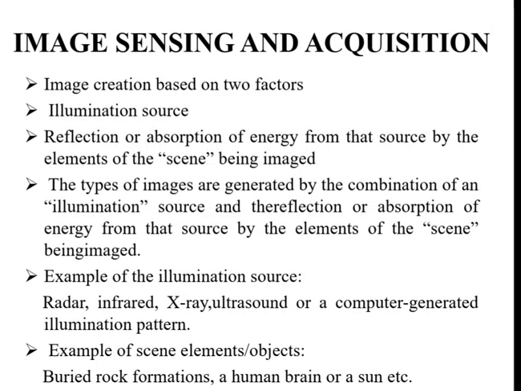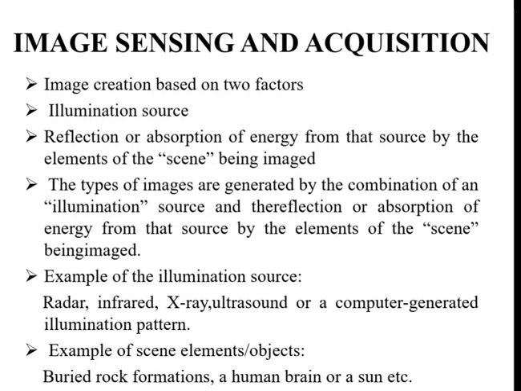In some applications, the reflected or transmitted energy is focused onto a photoconverter, for example a phosphor screen, which converts the energy into visible light. Electron microscopy and some applications of gamma imaging use this approach.